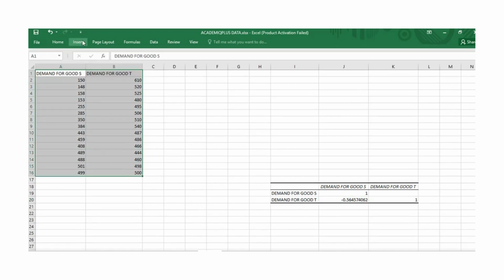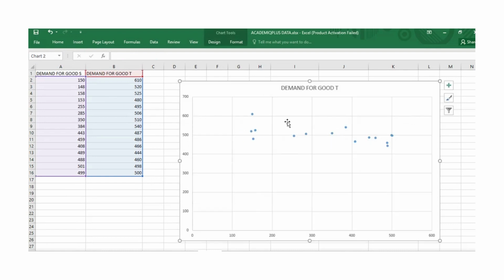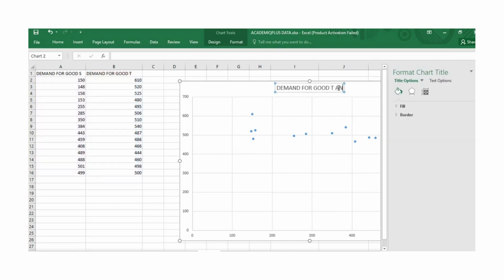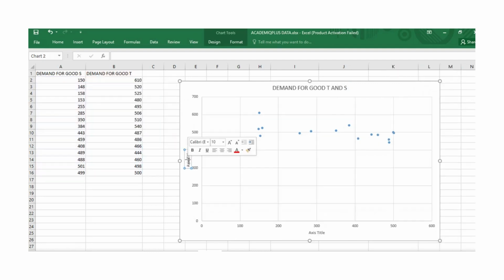Click on the data, click on insert. That's the diagram. Based on the data we have, you can see the movement toward the opposite direction, instead of what we've been used to, moving in a linear direction. So this shows a negative relationship between demand for good T and demand for good S. We can change the title to demand for good T and S. Axis titles: demand for S, demand for T. So you can see there's a kind of inverse relationship.